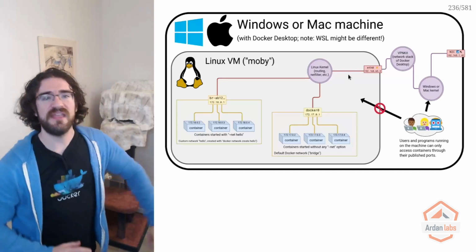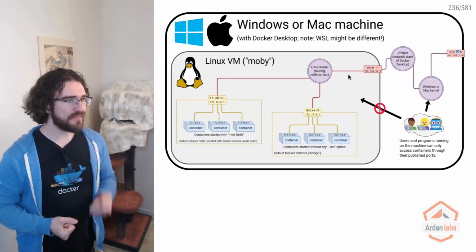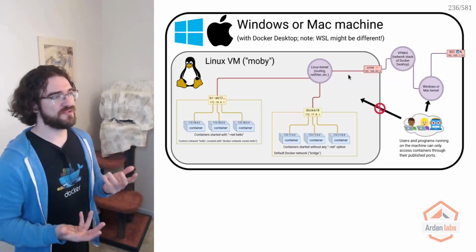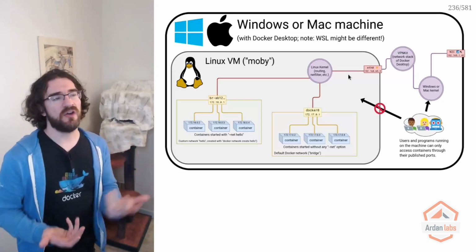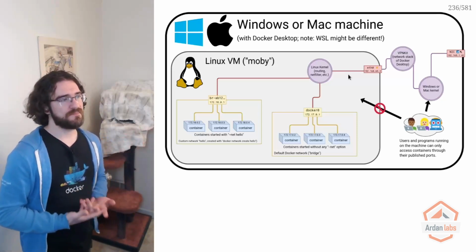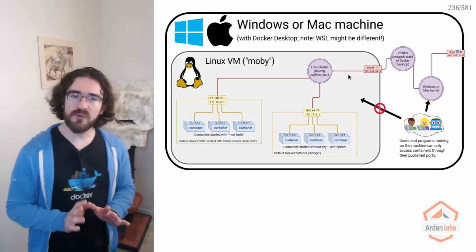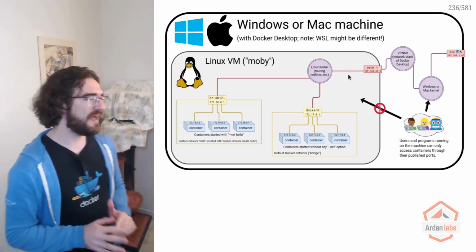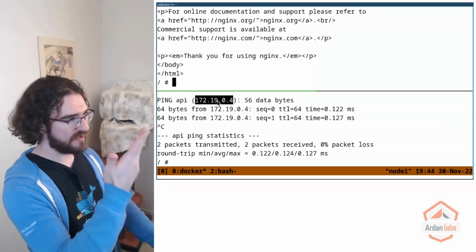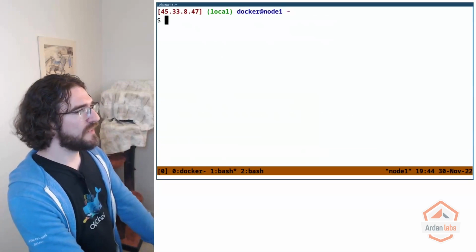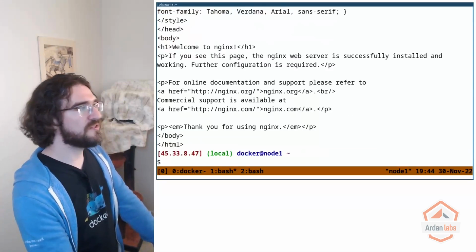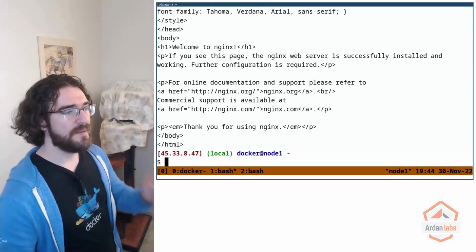From a network perspective, when I'm on Mac or Windows, it's as if I were outside of my Docker environment in a way. So it's a small and subtle difference, but that means that if I get the IP address of a container, like this, here I can connect to that container directly because I'm on Linux.